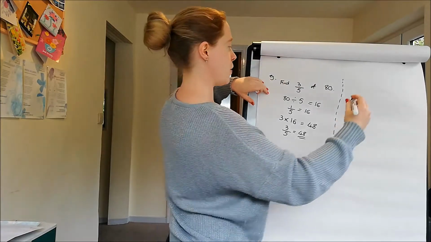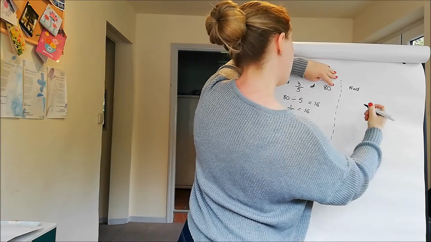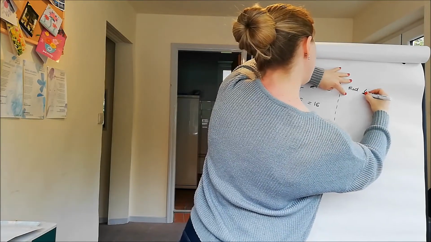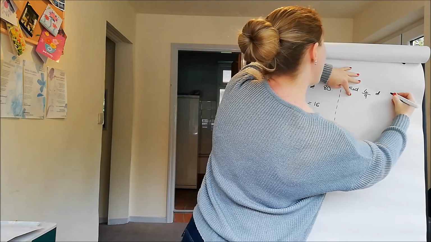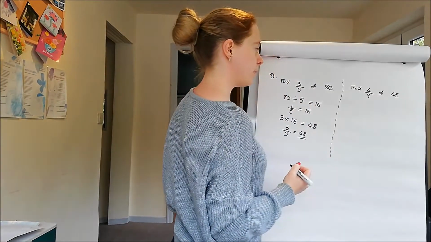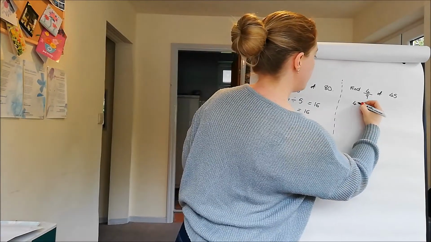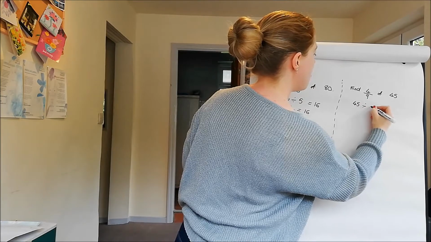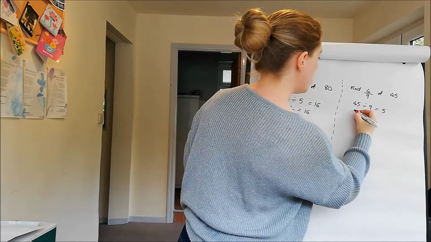So I'll show you another one. So if we have find 4/9 of 45. Well, 45 divided by 9 equals 5.